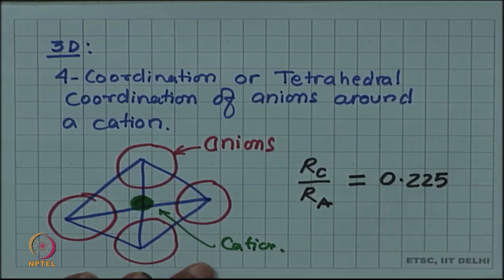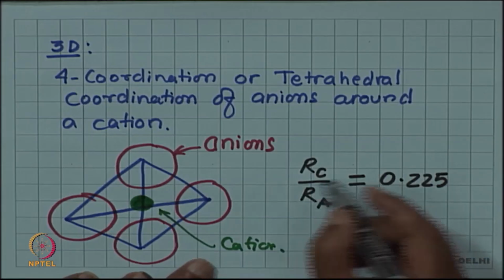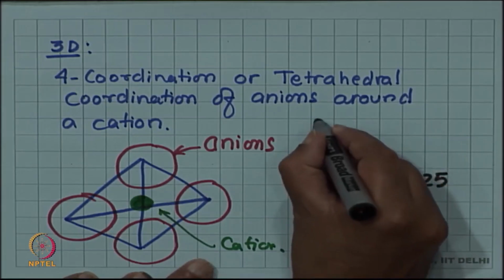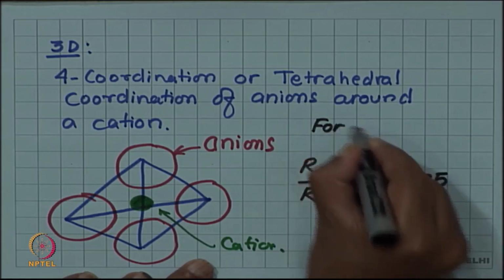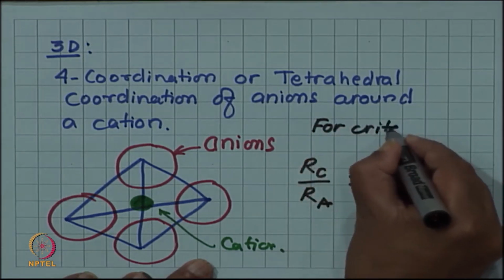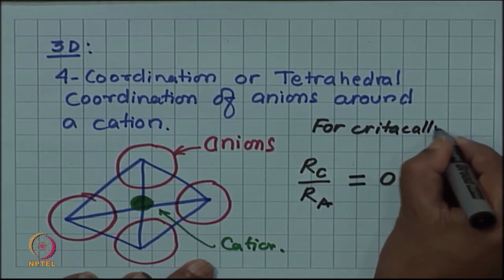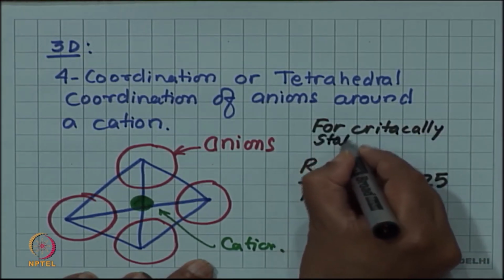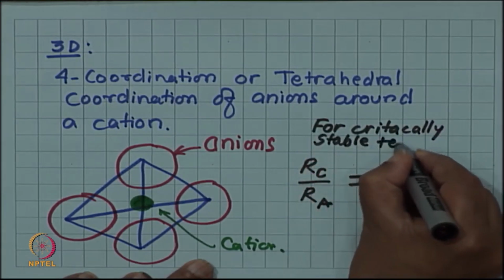That was the largest sphere which can fit into a tetrahedral void. We derived this for the close packed structure. Review that derivation, you should be able to do this. So this will be the situation for critically stable tetrahedral coordination.